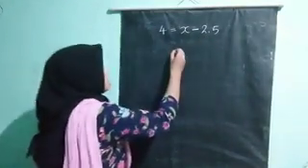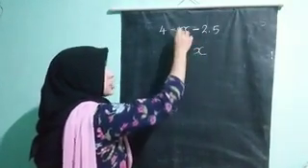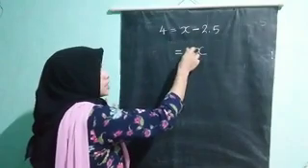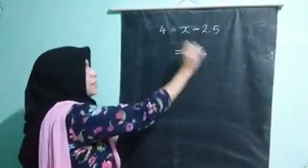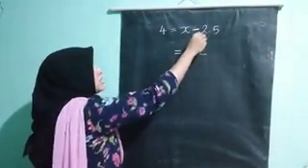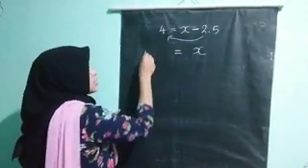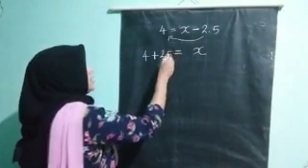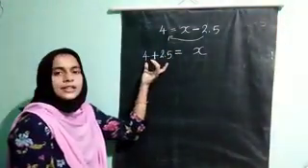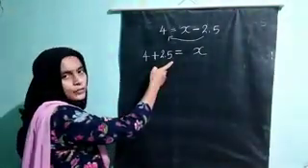I am not taking x because it already has a positive sign. If I take this x to this side, it will become negative. So better to keep x there. Now taking this minus 2.5 to the other side, already there is a 4, it will become plus 2.5. Now we can add this and find the value. 4 plus 2.5.